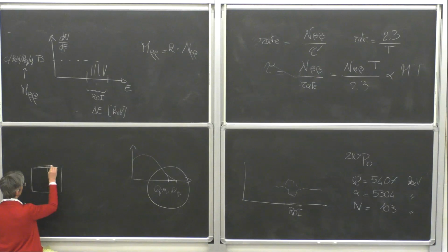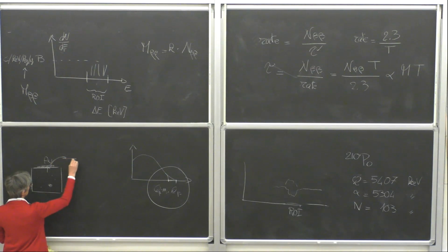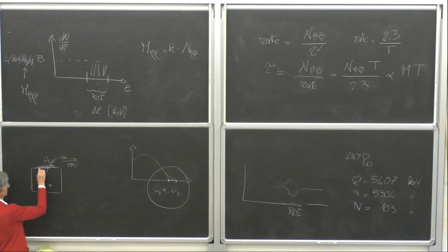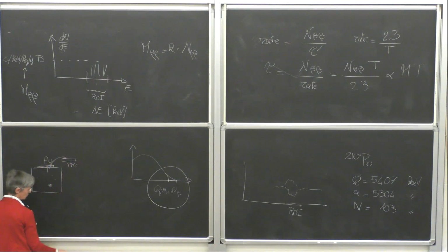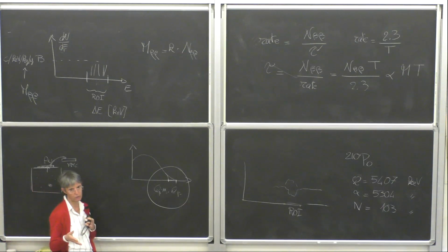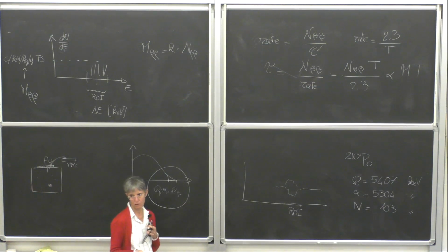And again, what they do is to put some gold here, and then they have a connection to the sensor. So here you have a sensor. The gold collects all the phonons, and then you have a thermal transmission to the sensor. In this way, you avoid any dependence on the phonon signal.